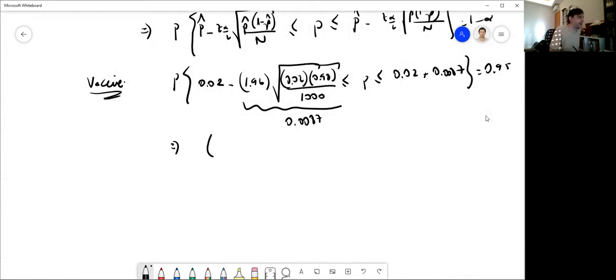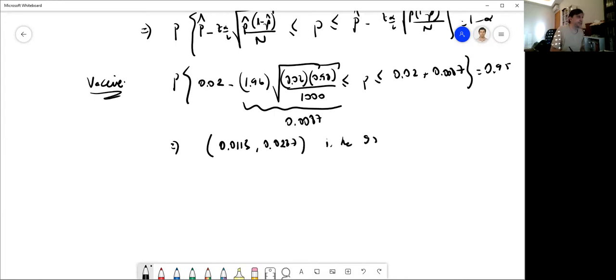So for vaccine, the confidence interval is going to be 0.0113 and 0.0287.